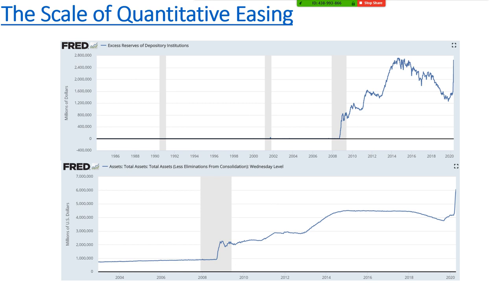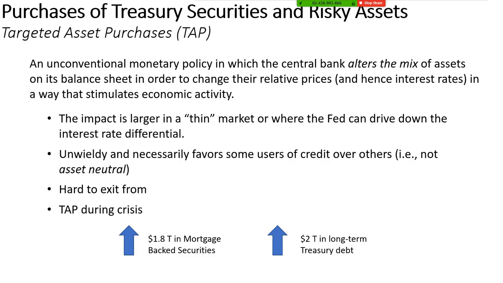So another strategy through which the Fed purchases Treasury securities and risky assets is through targeted asset purchases. And in reality, this is more of a trade than a purchase. So the Fed is effectively trading one asset for another of a specific kind. So its balance sheet doesn't grow like it does with quantitative easing. Rather, its makeup, or the composition of the balance sheet, changes.